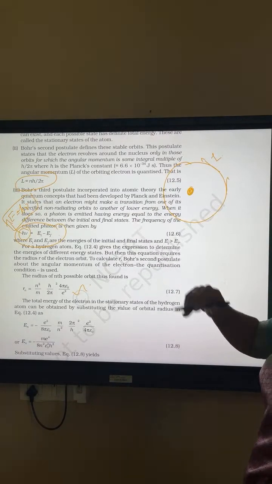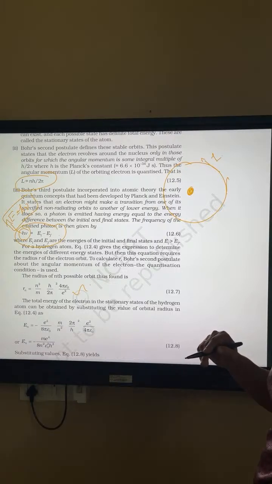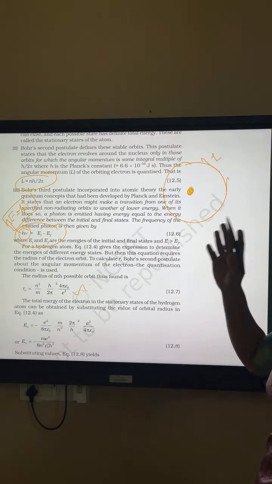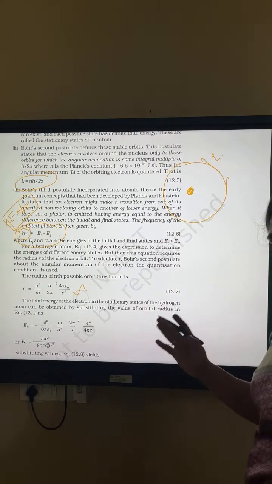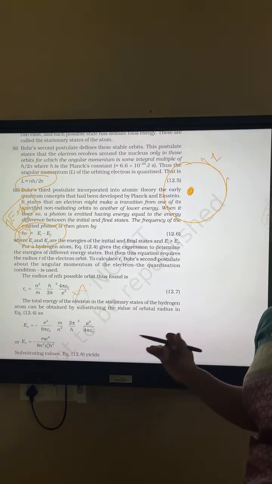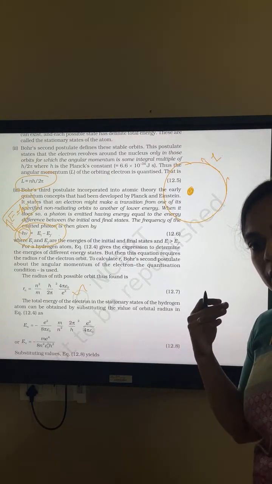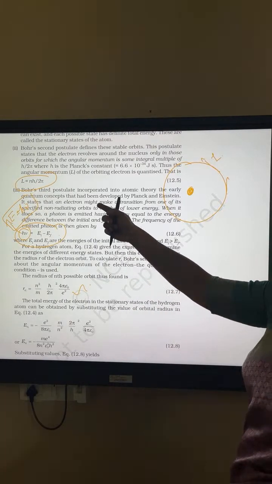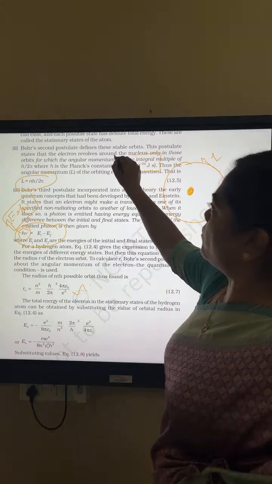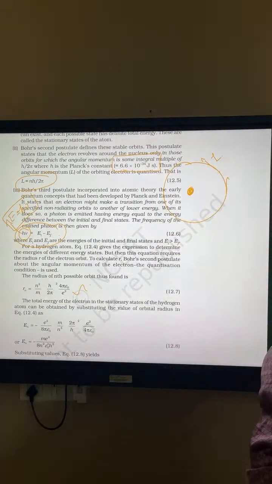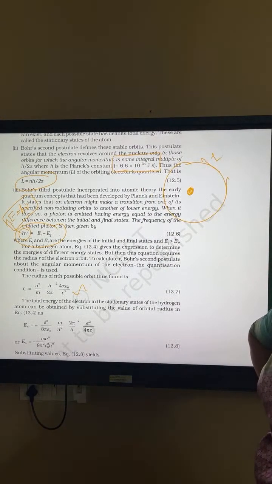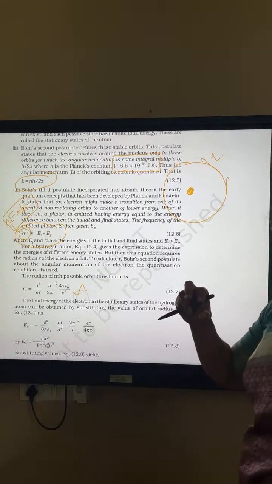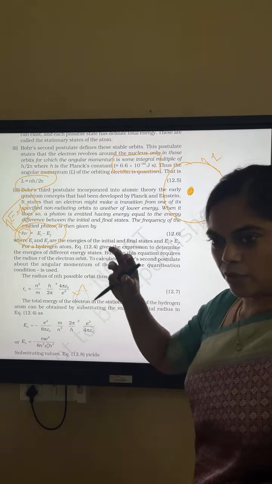What is h? h is Planck's constant. He performed experiments, and from the experimental observations he found the value of Planck's constant as 6.6 times 10 power minus 34 joule second. You will be given this value as a hint. Don't worry.